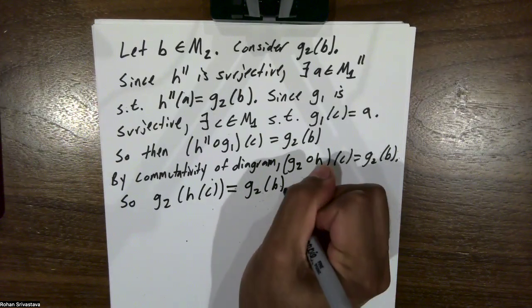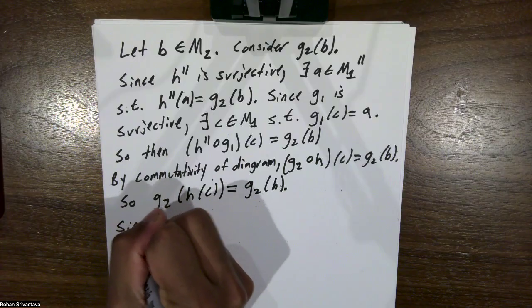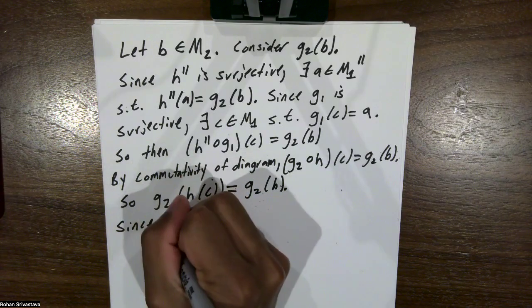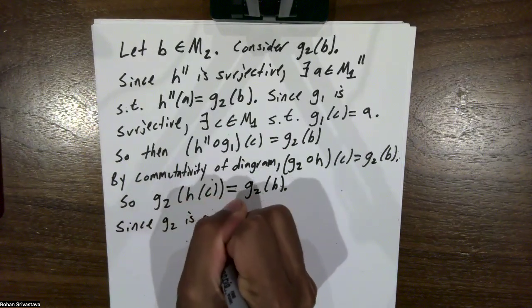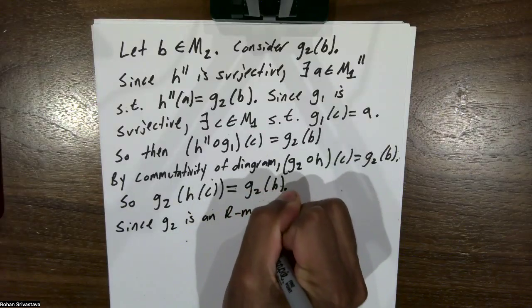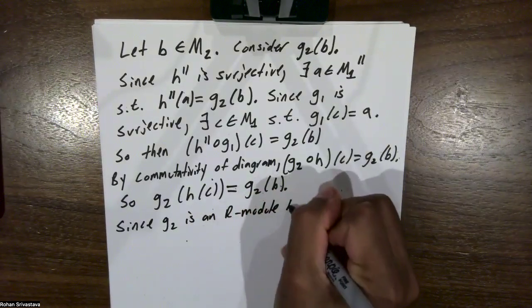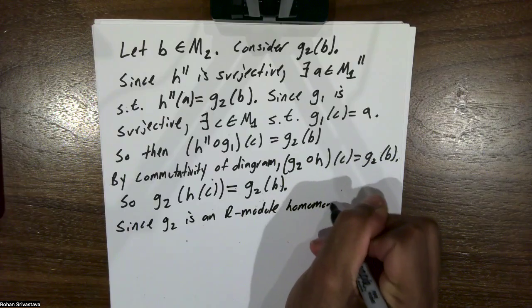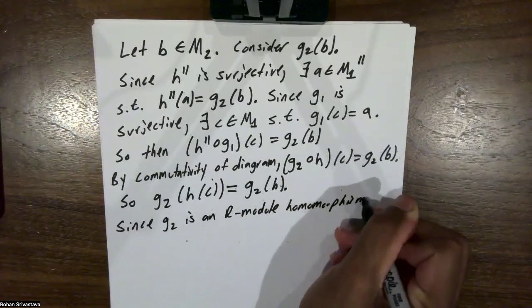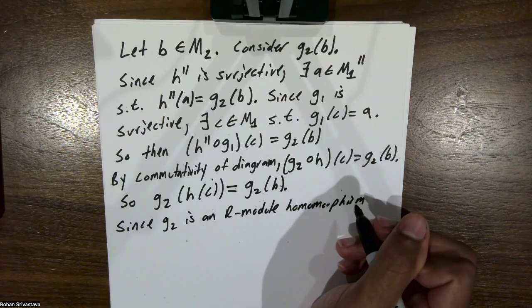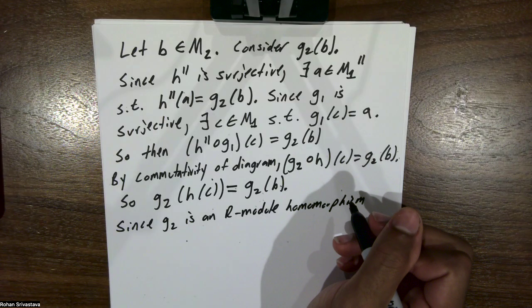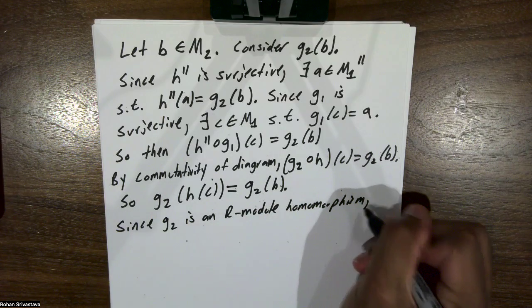Okay, and now since G2 is an R-module homomorphism, in particular, it's additive. So what do we have?